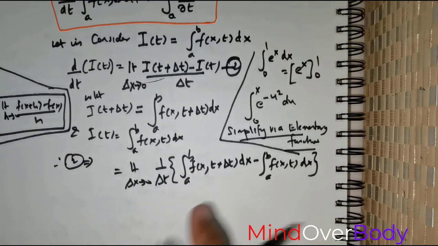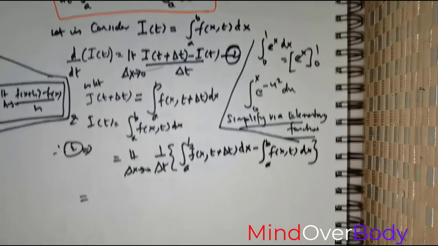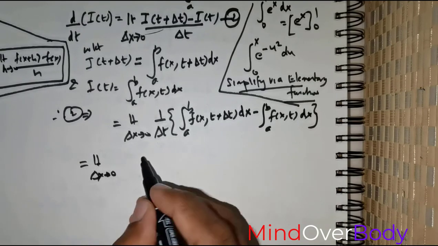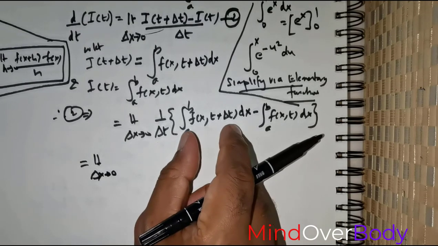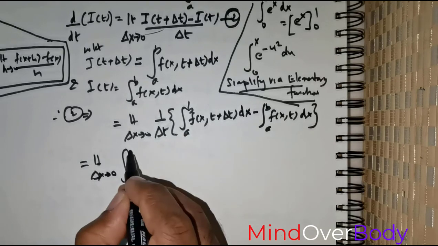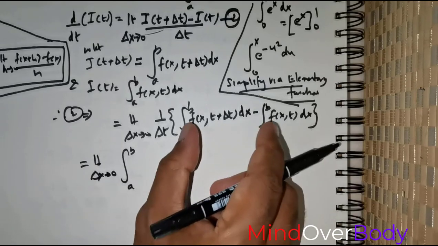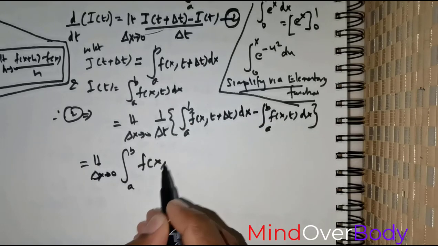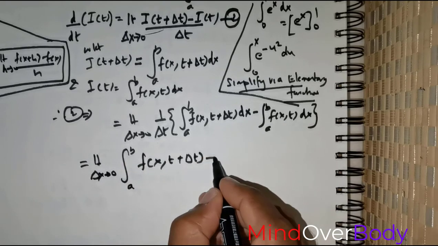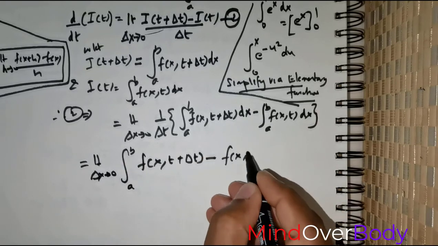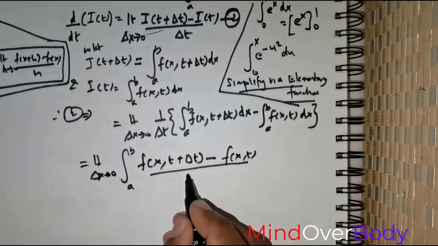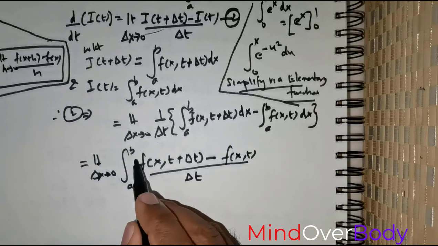Now of course I can rewrite this further in this fashion. Limit as delta t tends to 0 of, I can club these two integrals as the integral from a to b. f of x comma t plus delta t, this is one component, minus f of x comma t, this is the second component, divided by delta t, which I can push inside.